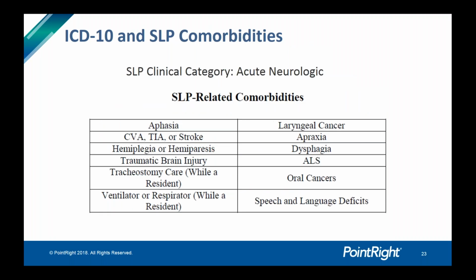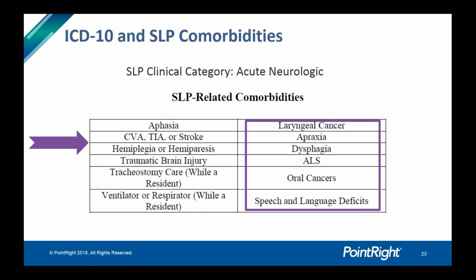Now, for speech-language pathology, there is one clinical category, acute neurologic. Either a resident would be in that category or not in that category, so there's not a selection of them. These diagnoses on the right are all from ICD-10 codes. But there are a couple of diagnoses on the left-hand side that I want to point out to you.